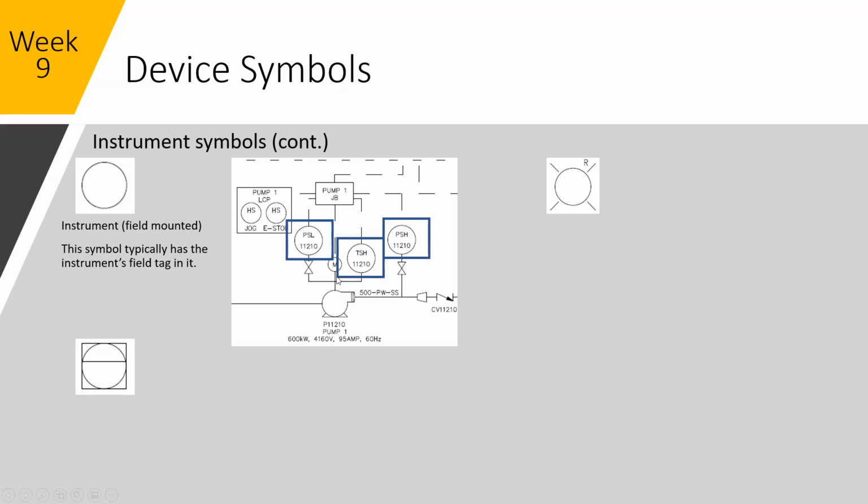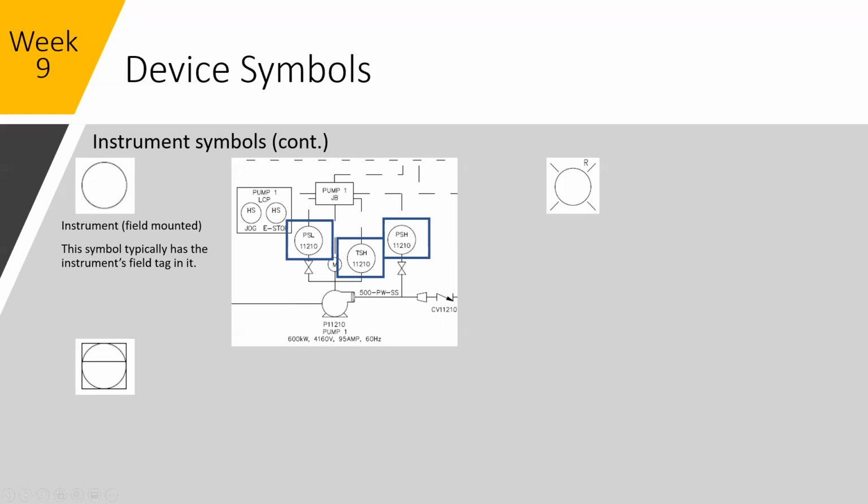So we've got a pump, and coming out of the pump we've got some pressure and temperature sensors. We've got our process line coming into the pump and a process line leaving the pump. 500 would indicate the diameter, and PW and SS would indicate the material of that pipe.